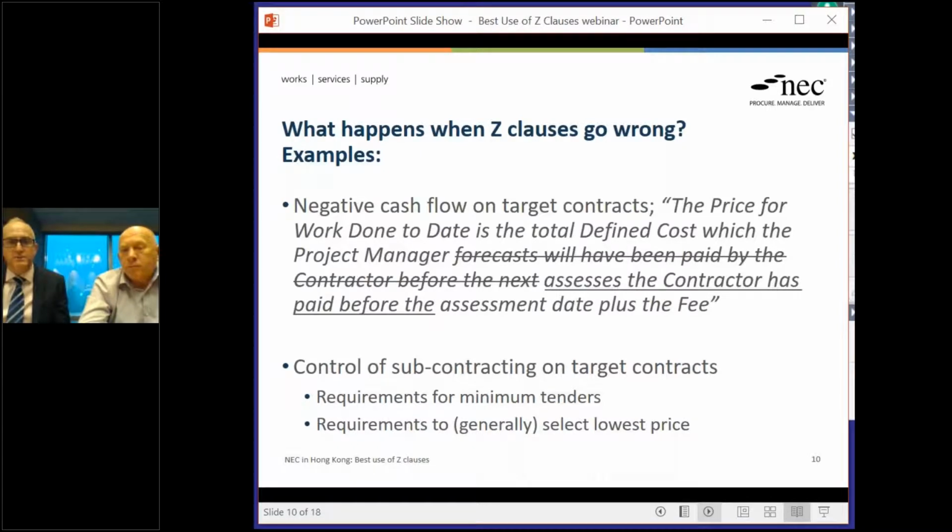Another aspect of target contracting which is influenced by Z clauses is the control of subcontracting.